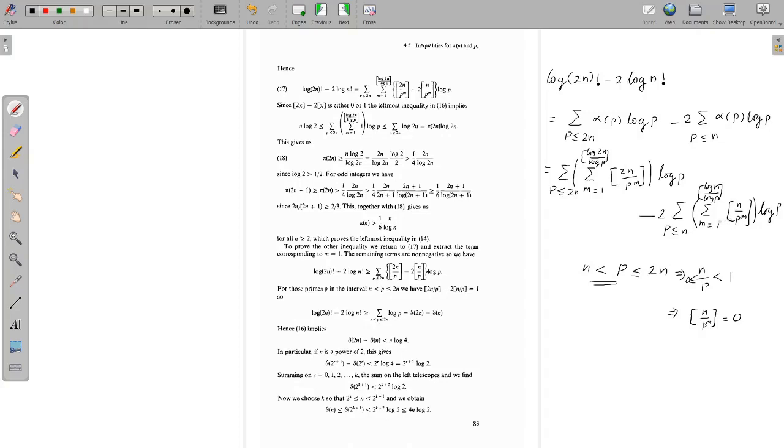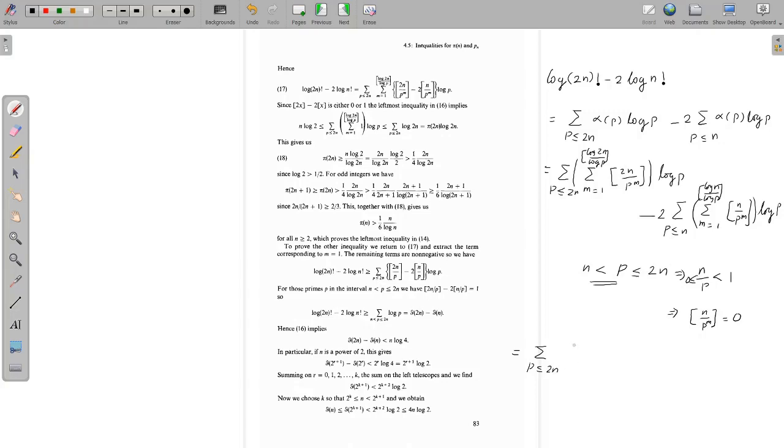Okay, for all those p's we have integral part of n by p raised to m is always 0. So that doesn't make any change on this sum if you replace this limit by p less than or equal to 2n. So that will give summation p less than or equal to 2n.